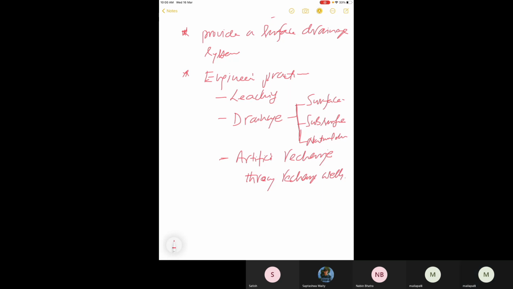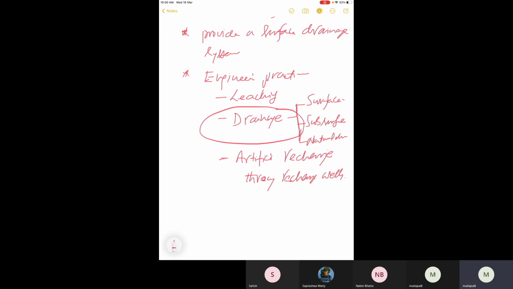Okay. So these are the things. We are going to talk mostly about the drainage part here as an engineering practice in order to control not only the water which is staying on top due to excess input, but also to remove the salts. So that is the advantage of drainage.